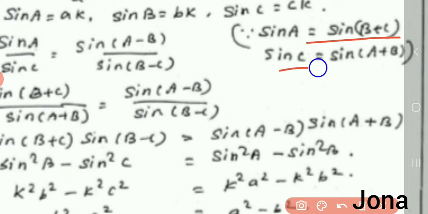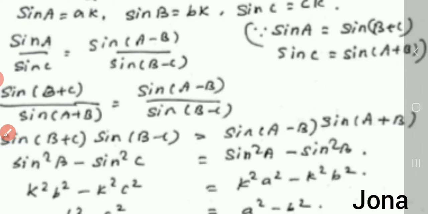Similarly, sin C equals sin of (A plus B). So sin A equals sin of (B plus C), sin C equals sin of (A plus B). We want to substitute this in the given thing from the problem.